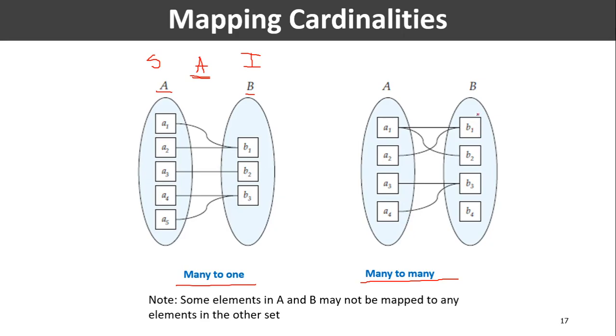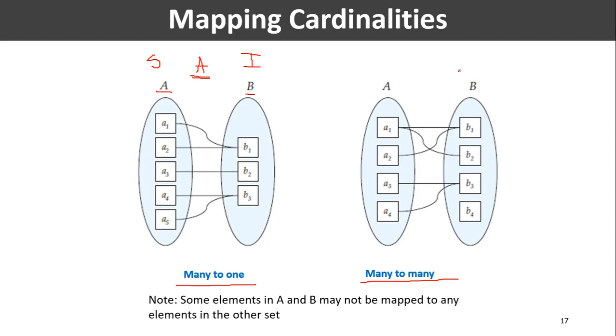And also if we look at an entity from entity set B, it is also associated with many entities from entity set A. So if this is the case, then we say that it is many-to-many.